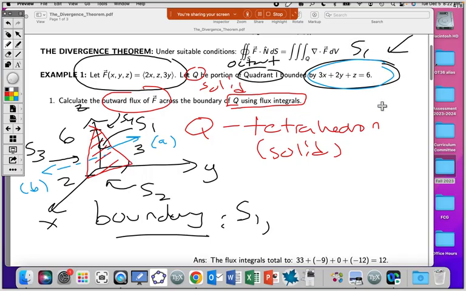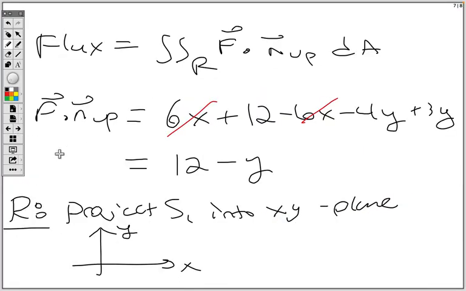That's my S1. What's the quick way to figure out what this projection is going to be? Yeah, just fire up z equals 0. That's your xy trace. This would be 3x plus 2y is 6. So you've got your x-intercept 2, y-intercept 3. That's my region R.